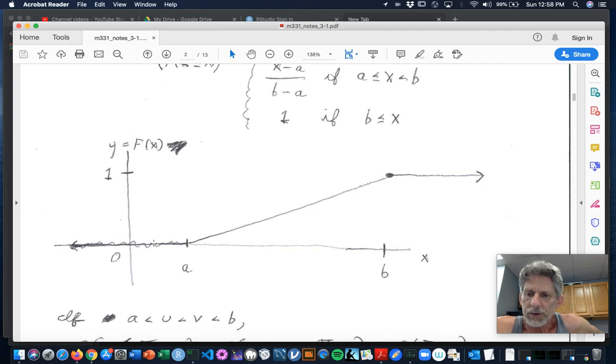It has to have a limit as x goes to minus infinity of 0. Well, that is totally happening here. It has to have a limit as x goes to plus infinity of 1, and that is totally happening here. Not only just a limit, you're actually equal to it after a while. It's doing those 2 things.